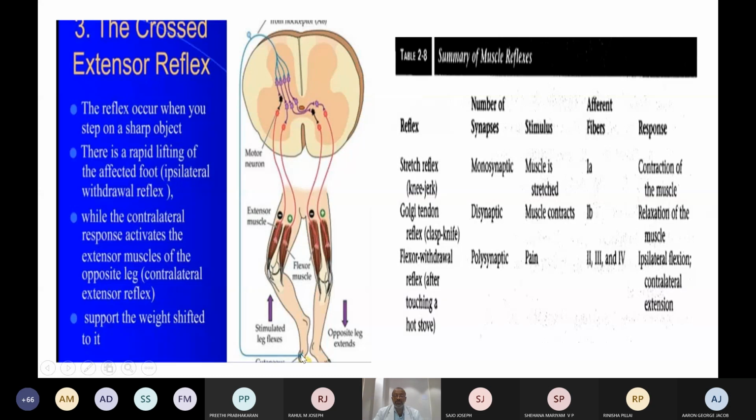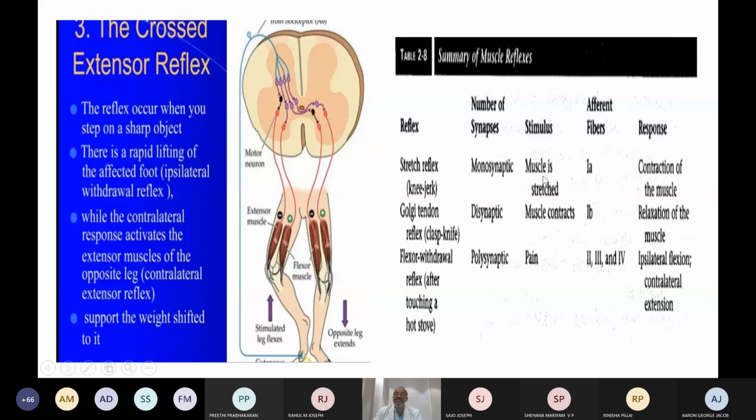So when this part is withdrawn from the surface, whatever weight the body has can be transmitted through the opposite leg.